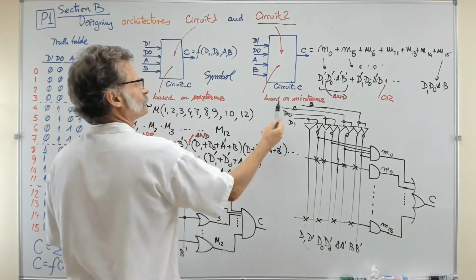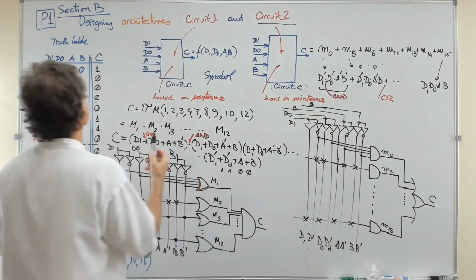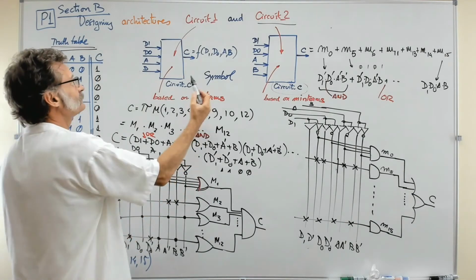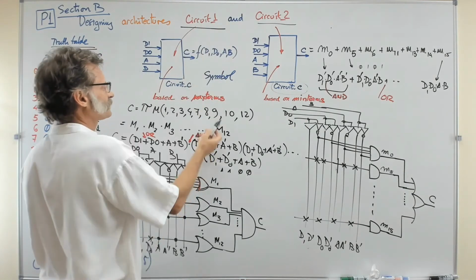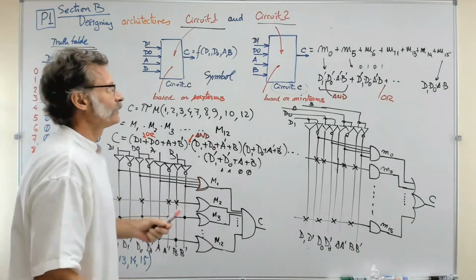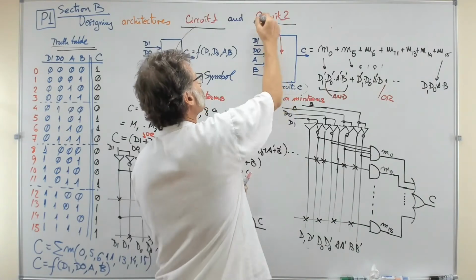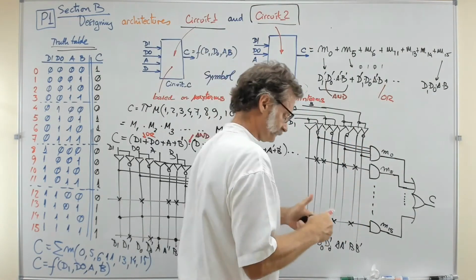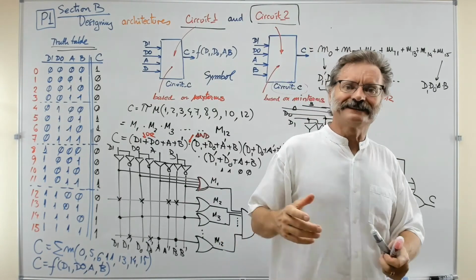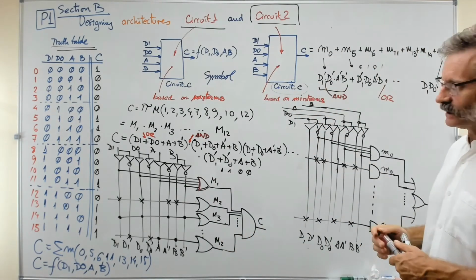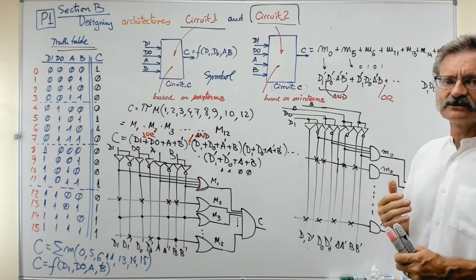So you can invent the circuit C, which is the one that has this table, using the architecture based on maxterms, the canonical one, which is that kind of structure, or instead you can go and invent the second one, which is going to look like that way. And that is the development section. You already have the solution of the circuit, but you know that this is not all.